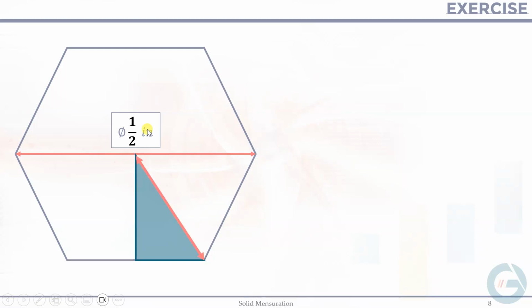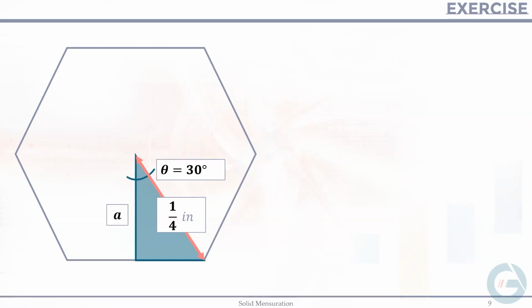So 1/2 divided by 2 is 1/4, which is the hypotenuse of the right triangle.